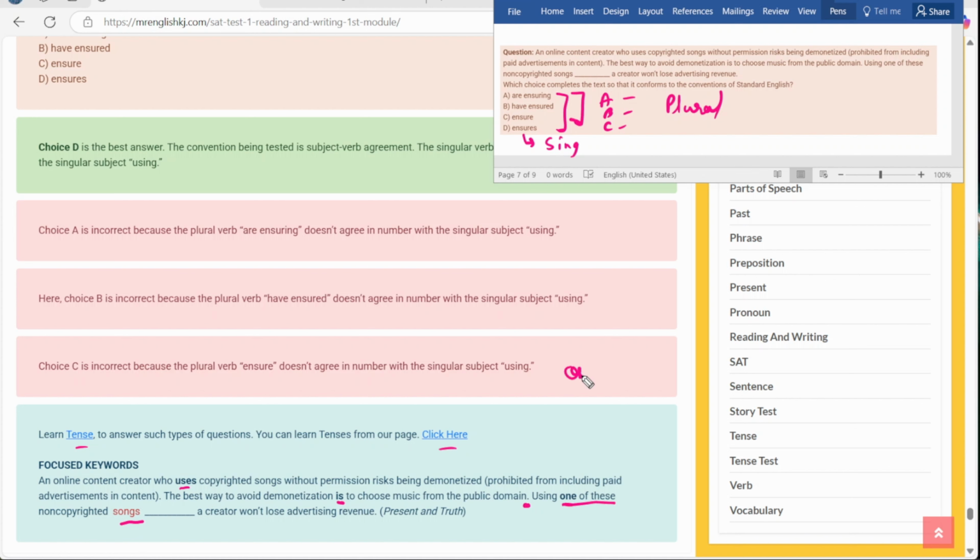Whenever we use one of with anything, like one of my favorite songs, and in the middle we can use anything. One of my favorite heroes, heroes, not hero. One of the best animals, one of the best movies. So we choose one only. So when we choose one, it's singular. So we use ensures. Okay. D. If you want to know more, obviously go to tenses.